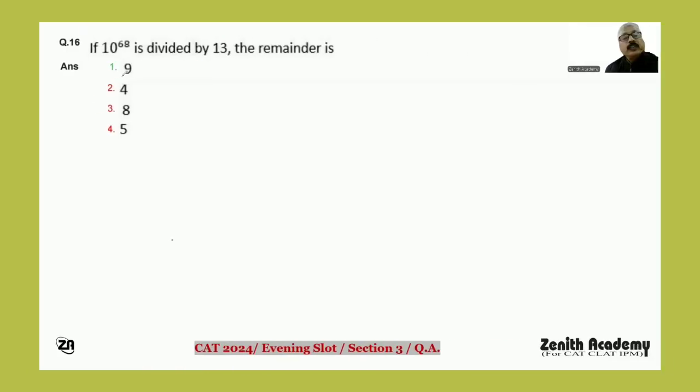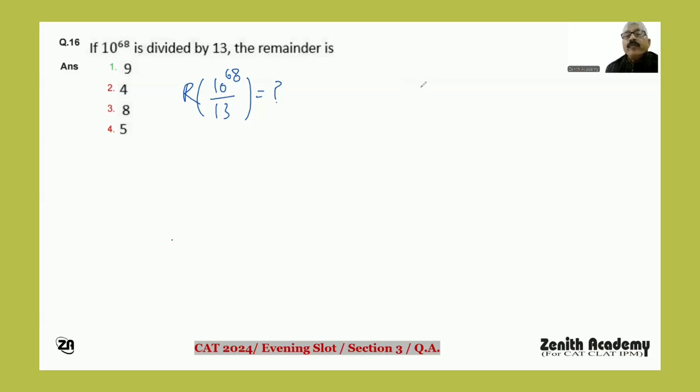Now see this question number 16. If 10 to the power 68 is divided by 13, the remainder is? 10 to the power 68 divided by 13, remainder क्या होगा, right? So if we take 13 and let us check the nature of 13 with 10, I think it's very simple. See, 13 1 जा 13, 13 2 जा 26, 13 3 जा 39, right?